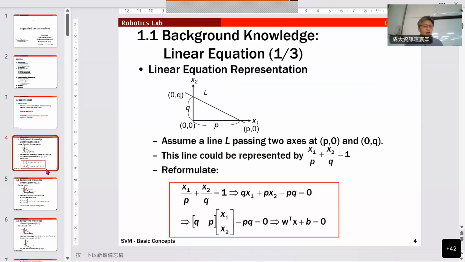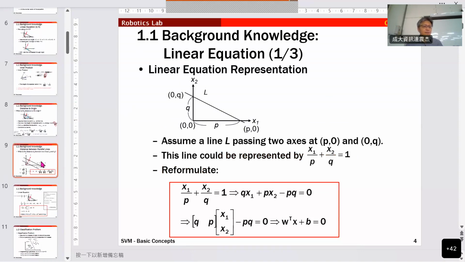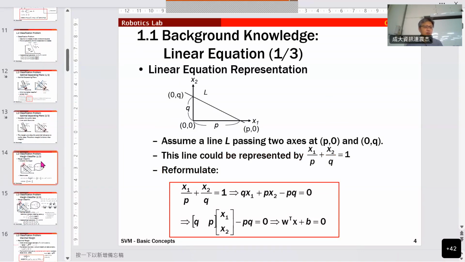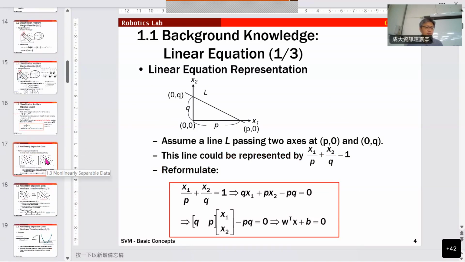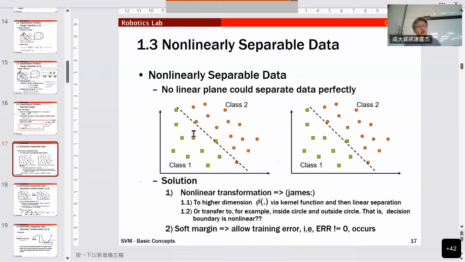So the purpose of SVM is this. I'll show you. We want to find a discrimination line to separate both classes. However, in reality, they will overlap, so they will cause some error for the discrimination line.